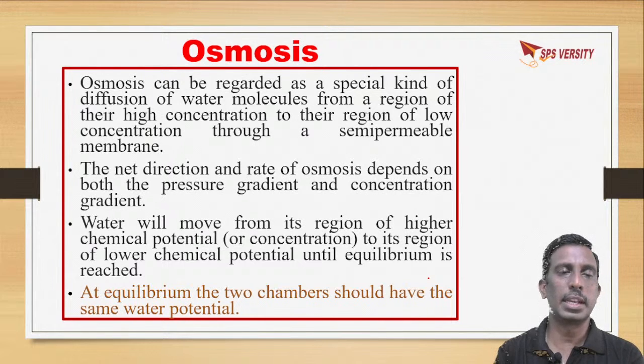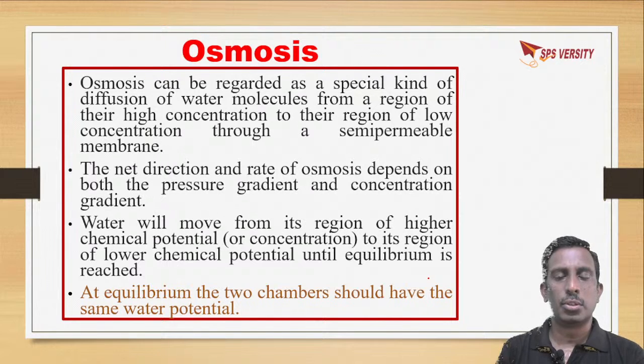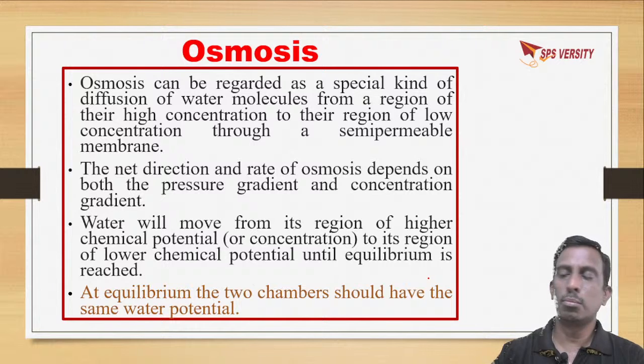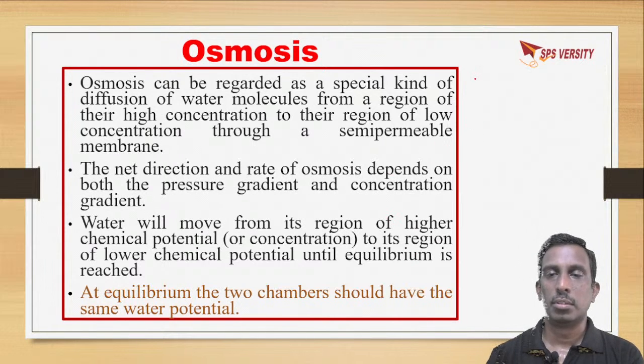अभी हम डिस्कस करेंगे ऑस्मोसिस के बारे में. ऑस्मोसिस बोले तो क्या है? So osmosis is a type of diffusion, only water molecules will move. So इसमें सिर्फ water molecules का movement रहता. That is from high water potential to low water potential through semi-permeable membrane.